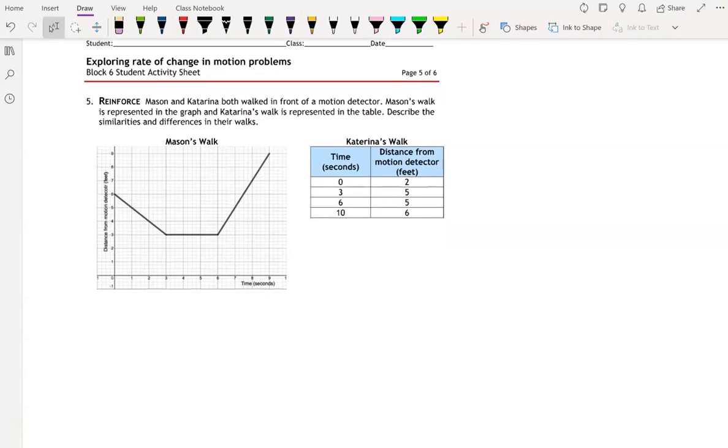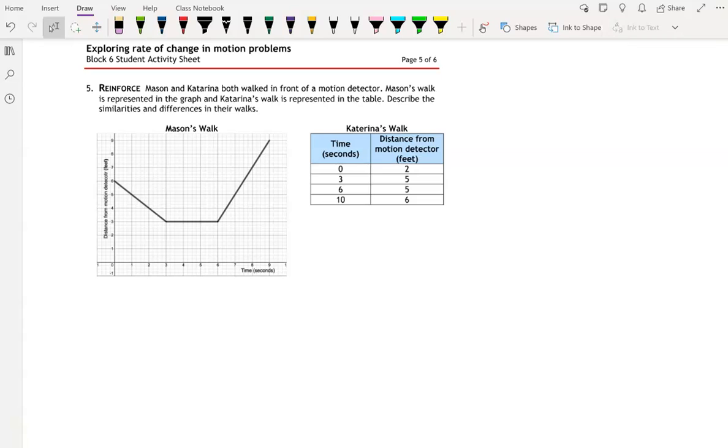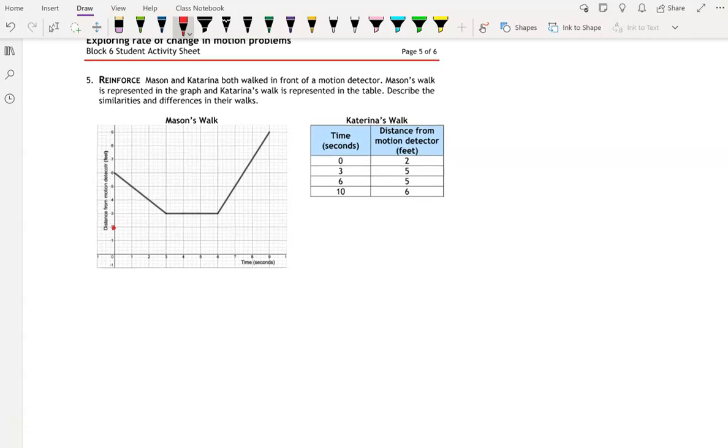We look at number 5 here. And here's what I would recommend for this one: let's just graph Katrina's walk over Mason's walk. Easy to see. Katrina started at 0 seconds and she was at 2 feet from the motion detector. At 3 seconds, she was 5 feet from the motion detector. 3 seconds, 5 feet.